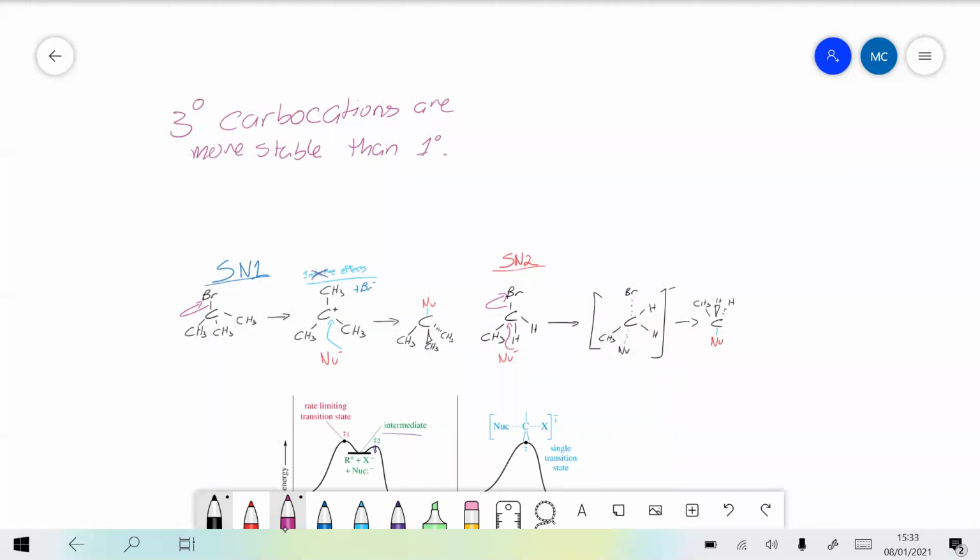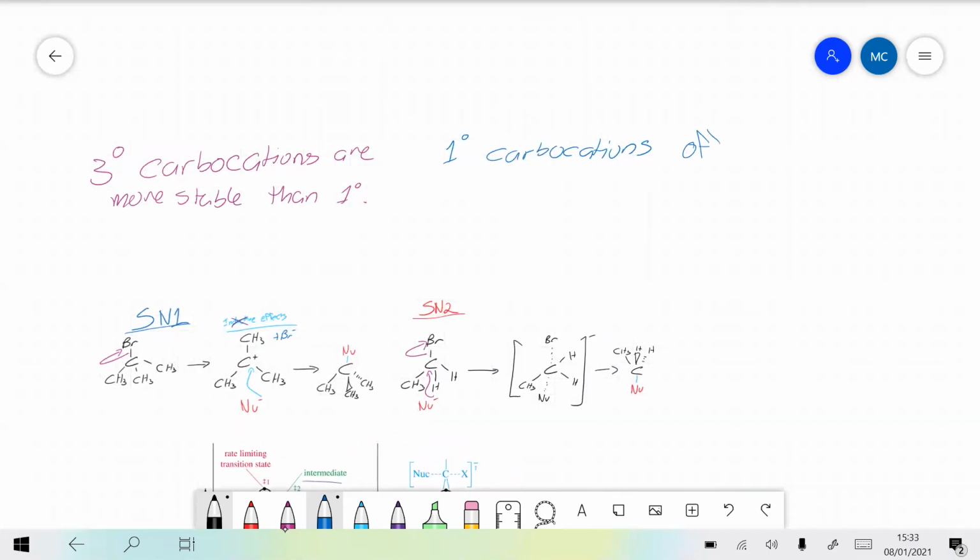On the other hand, SN2, we normally have a situation where primary carbocations offer less steric hindrance than tertiary. Therefore, allow for more reaction.